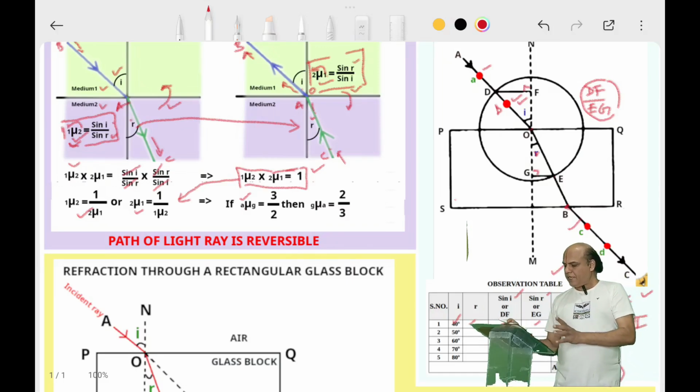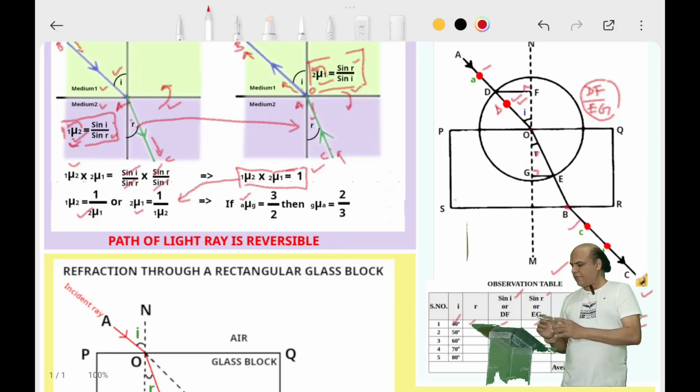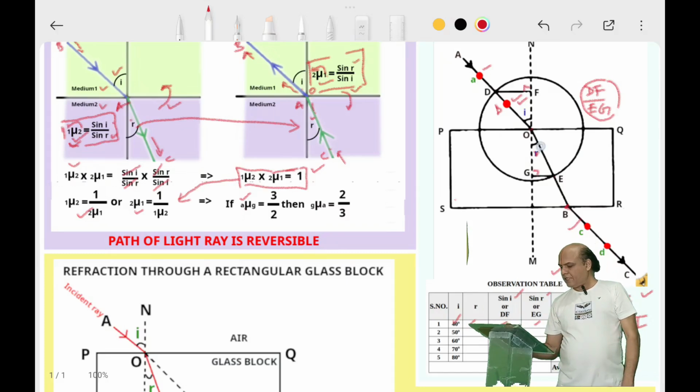Once you get the incident ray, refracted ray and emergent ray, you can measure the angle of refraction r.